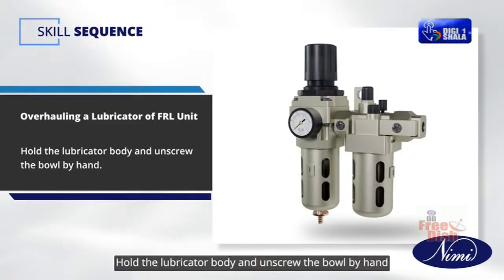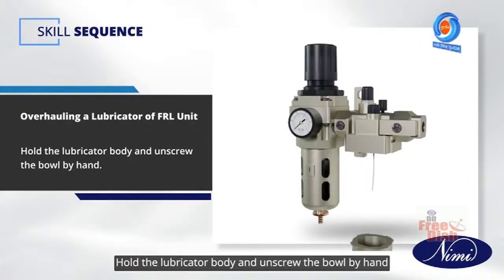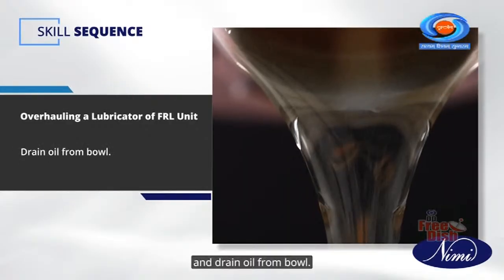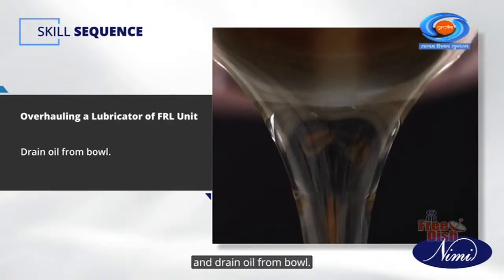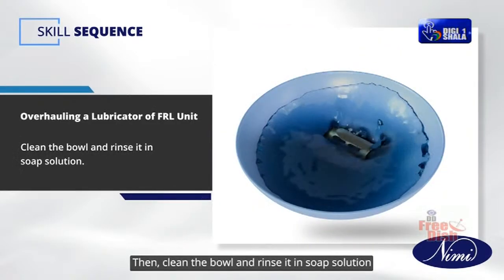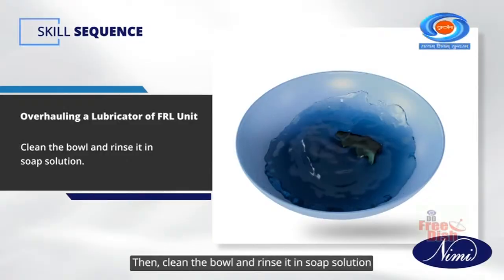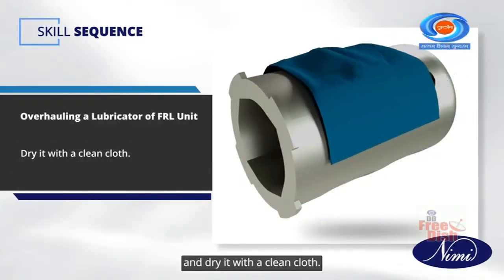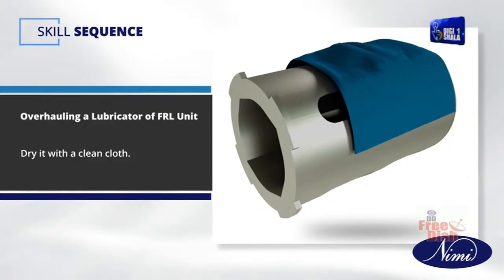Hold the lubricator body and unscrew the bowl by hand and drain oil from bowl. Then clean the bowl and rinse it in soap solution and dry it with a clean cloth.